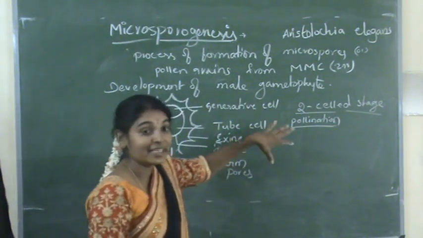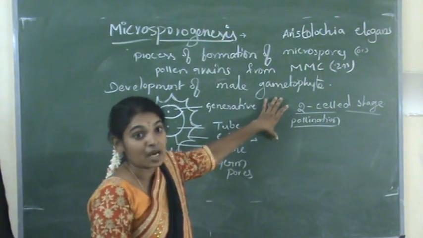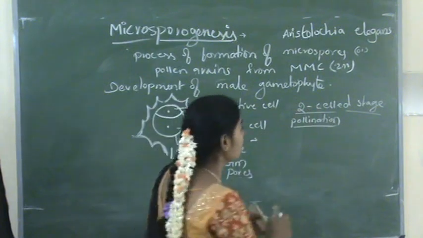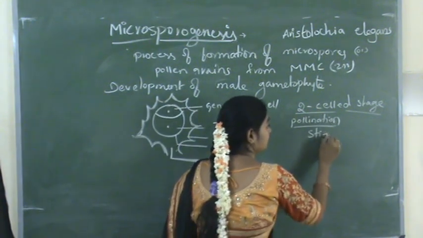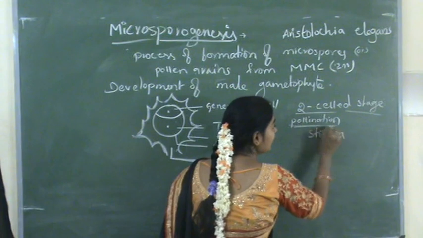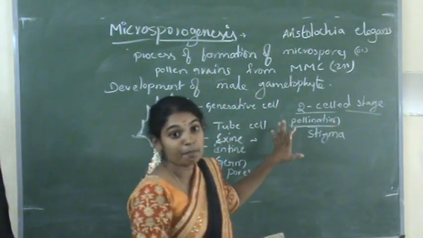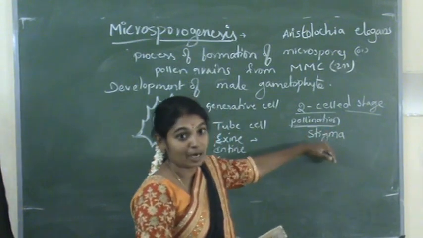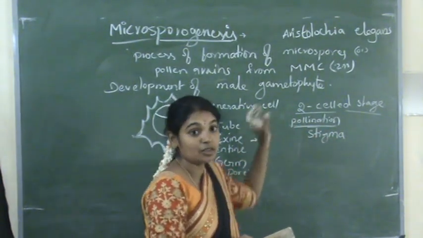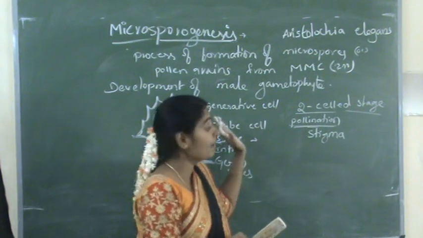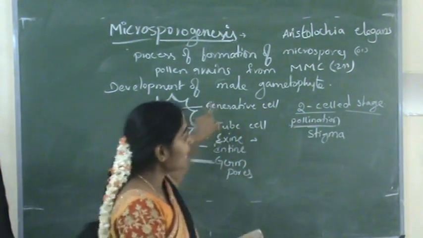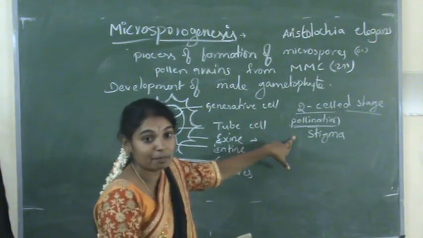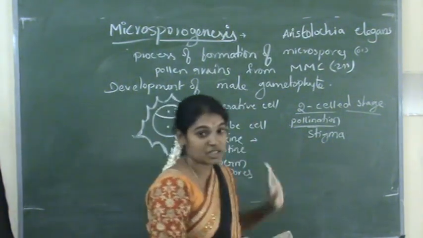And further development of these pollen grains or microspores takes place on the stigma. So pollination is the process of transfer of pollen grains to the stigma. That means from the anther to the stigma, if the microspores are transferred at the two-celled stage, the further development takes place in the stigma.